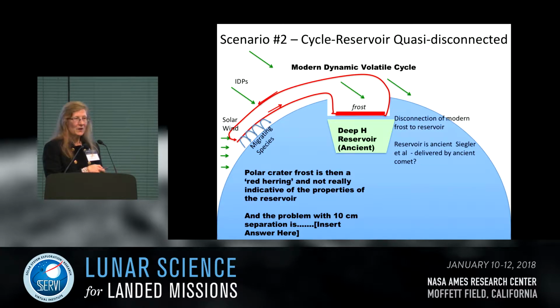And if the hydrogen reservoir is an ancient reservoir, then why do you see the hydrogen extending all the way from the present pole to the ancient pole? To me, that's a good question. Is it truly a deep ancient reservoir, or is there some kind of a connection between the surface presently produced ice and the ancient reservoir?